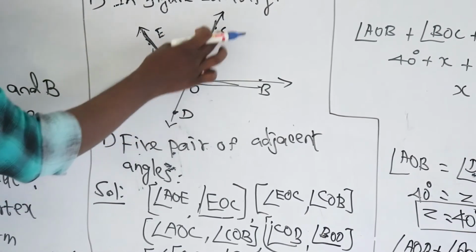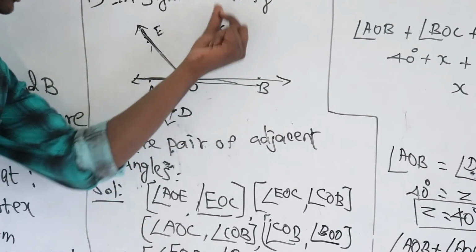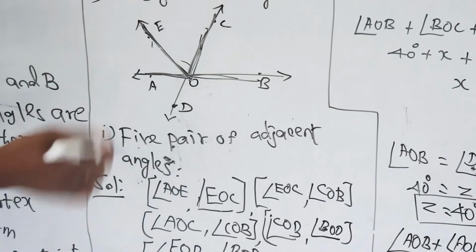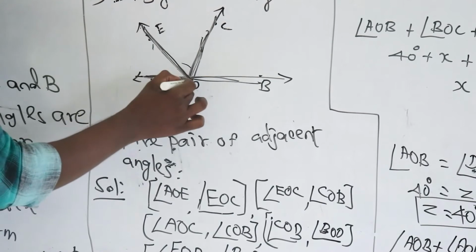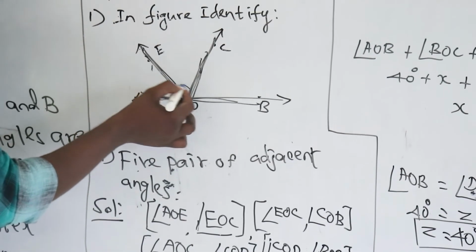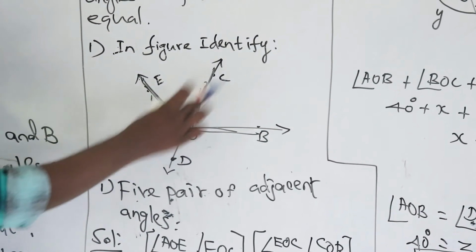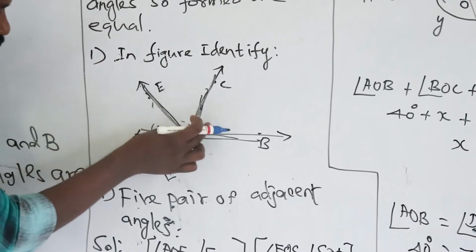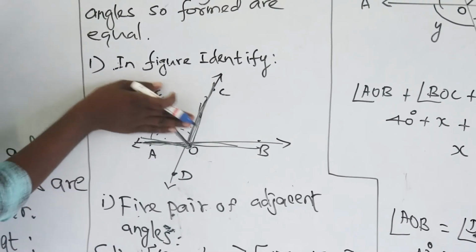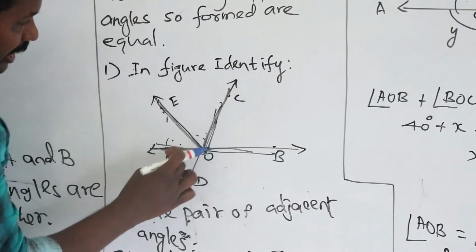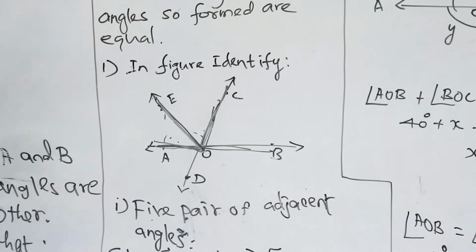Next, AOC. Here it is not a line, assume that AOC is one angle. So AOC and COB are adjacent angles.